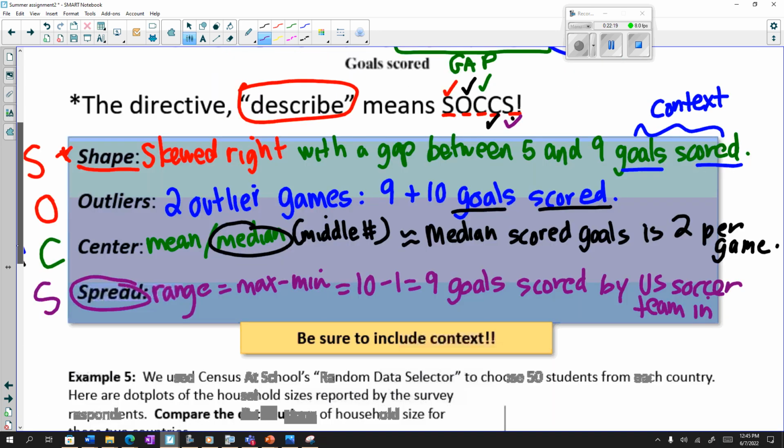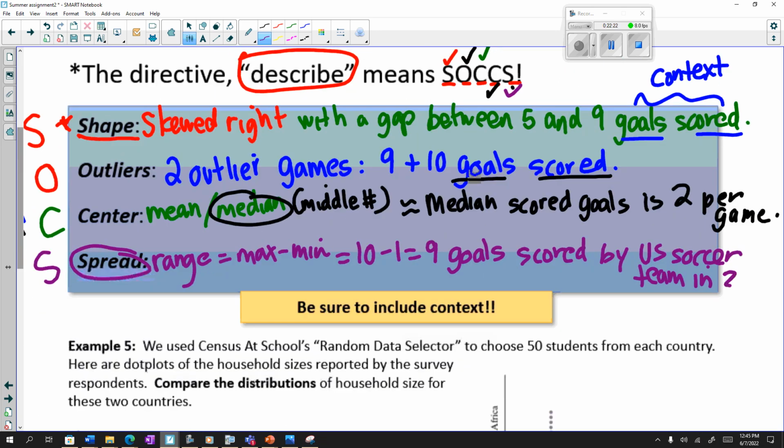Okay? So again, I think it's really, really important to note, if you see that verb describe, I don't want you to just think, like, write down what you think. On the AP, they have a rubric, and the rubric is actually going to ask you, did you hit S, C, and S, specifically shape, center, and spread. And if you hit all 3, you're going to get an E for essentially correct. And if you only hit 2 out of 3, you're going to get a P for partially correct.